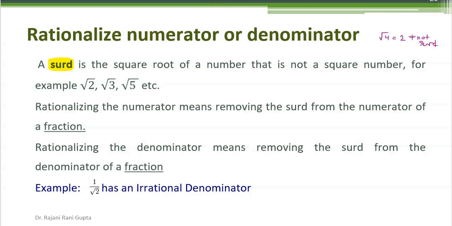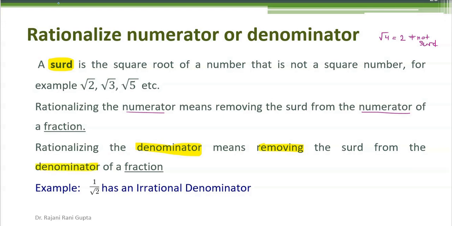Rationalizing the numerator means we have to remove the surd from the numerator of a fraction. We talk about the concept of rationalization whenever we are dealing with fractions. Similarly, rationalizing the denominator means removing the surd from the denominator of a fraction.